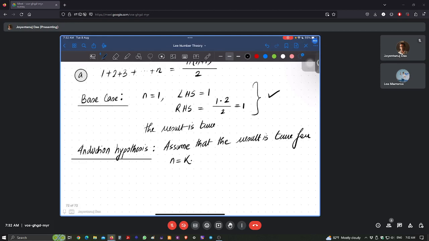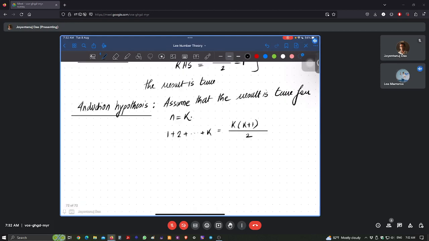That is, 1 plus 2 up to k equals k into k plus 1 by 2. We assume this is true, and the final step is the inductive step.